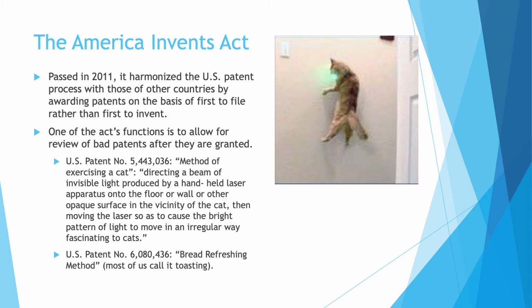So, for example, somebody managed to obtain a U.S. patent about a method of exercising a cat by directing a beam of invisible light produced by a handheld laser apparatus onto the floor or wall or other opaque surface in the vicinity of the cat, then moving the laser so as to cause the bright pattern of light to move in an irregular way, fascinating to cats.